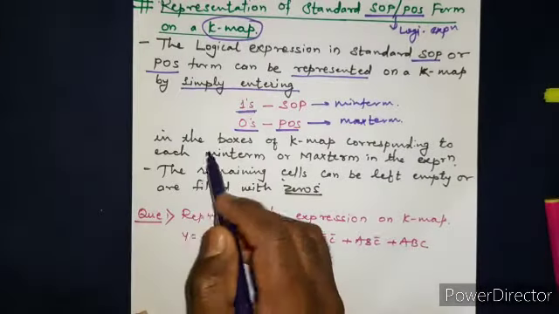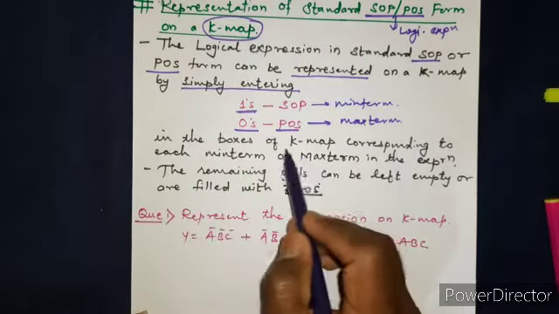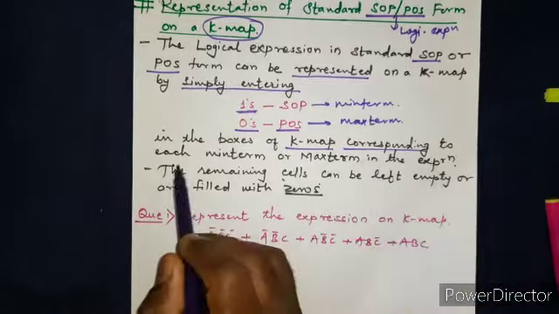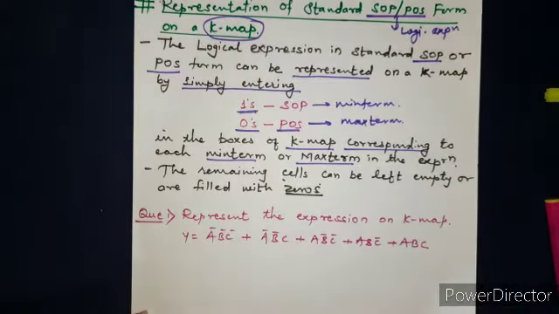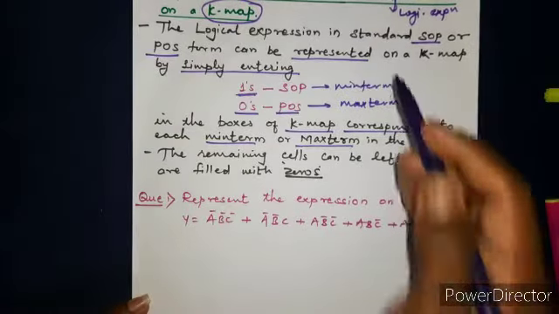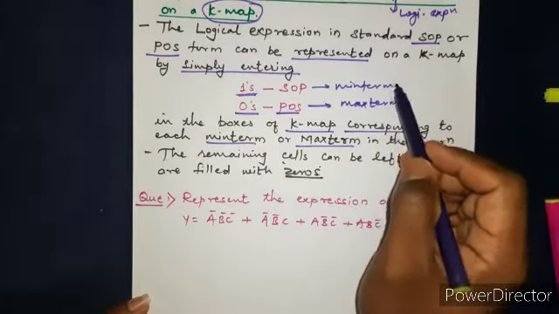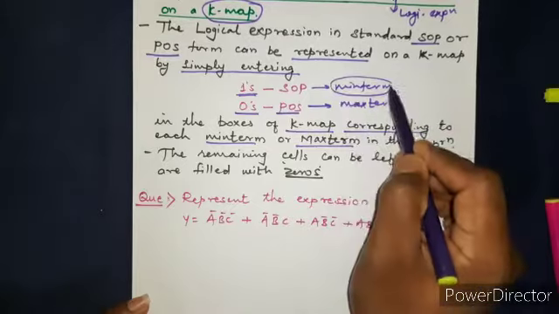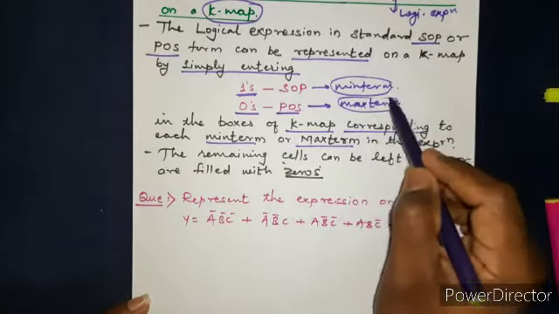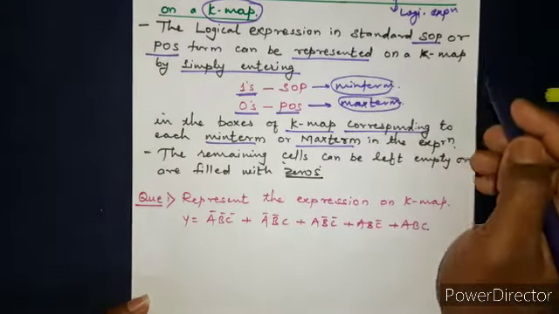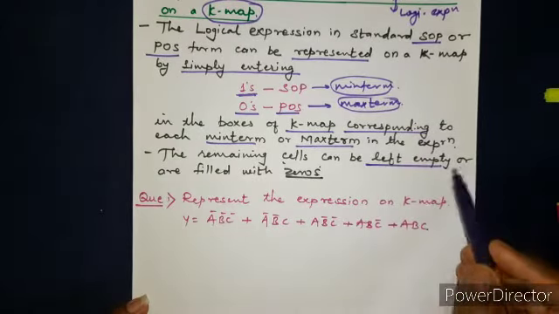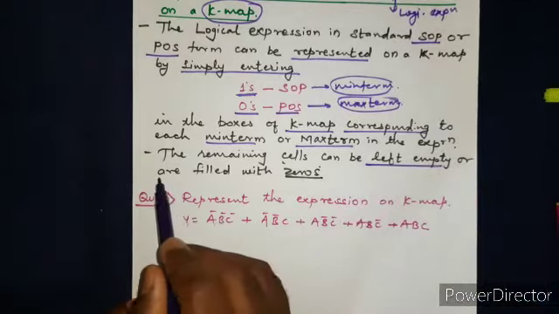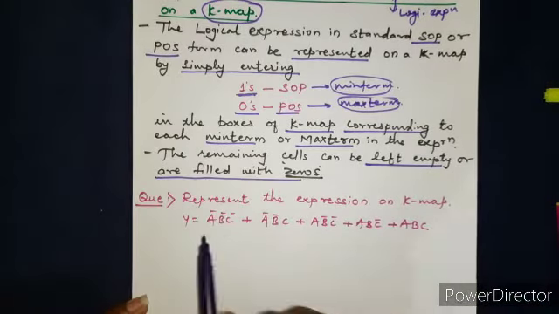Okay. Now, where to enter this? In the boxes of the K-map corresponding to each min term, as I said, or max term in the expression. So you have to just look at that expression and find out which min term or which max term that corresponds to. The remaining cells can be left empty just to avoid confusion, or they can be filled with zeros.